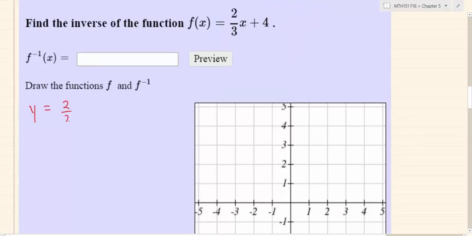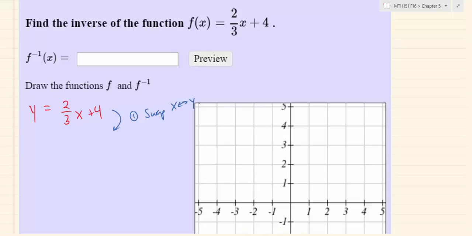y equals 2/3 x plus 4. That is the function, and I'm going to do the inverse in blue. The first thing I'm going to do is swap x and y. You exchange x and y. What you're doing graphically is flipping that x and y coordinate. You're folding the paper on that 45-degree angle. So this becomes x equals 2/3 times y plus 4.